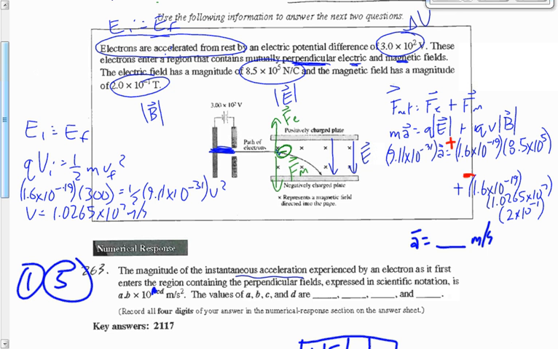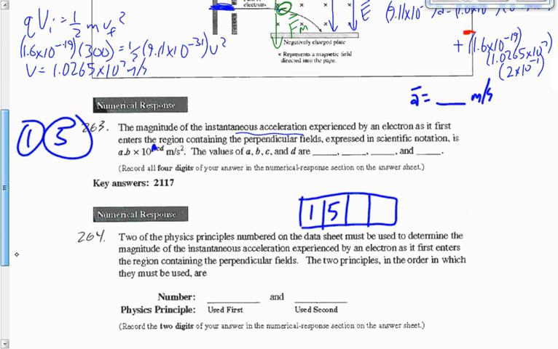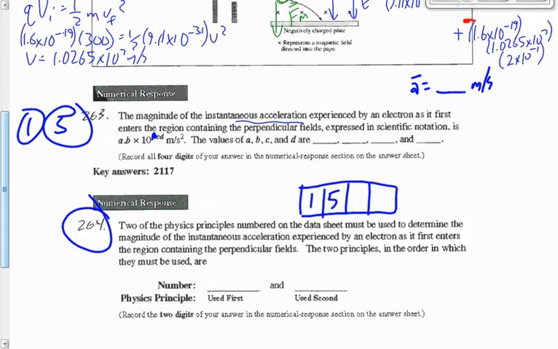I would go so far as to say 95% of you could have got 264 correct if you gave it some thought, even without getting 263 correct. So don't give up on it, okay? Even if you have trouble with 263. Does that make sense? You guys okay with that format of numeric response question?